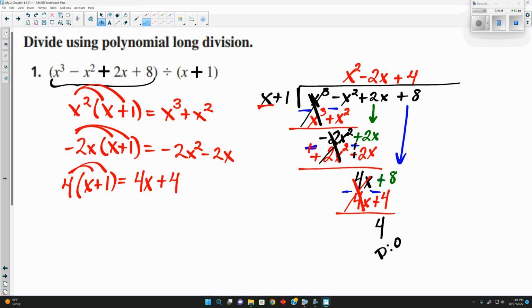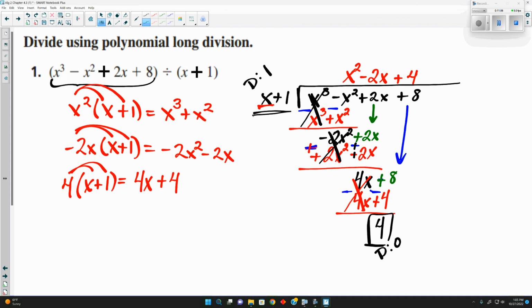Now, the degree of what we're dividing by is 1, yes? Whenever the degree of our divisor is bigger than what we have left down here, then we're done, because we can't divide any further. Essentially, this here is smaller than what we're dividing by. Kind of like with the first one, when the number got smaller than 13, we couldn't do any more.